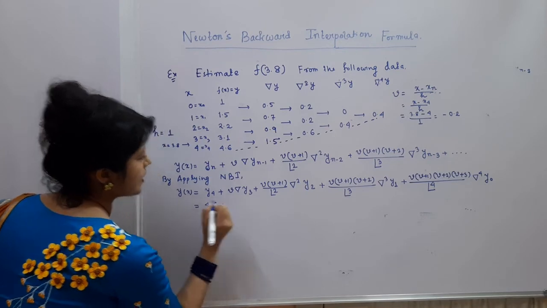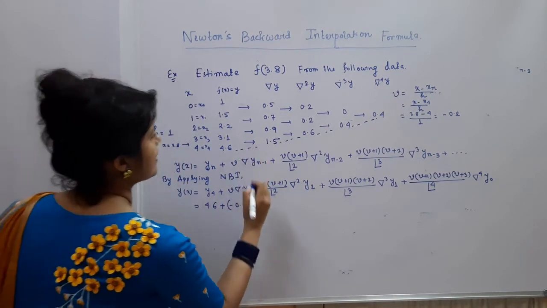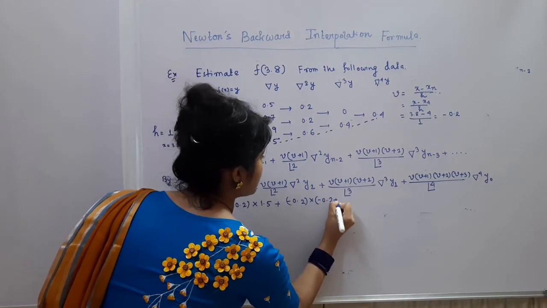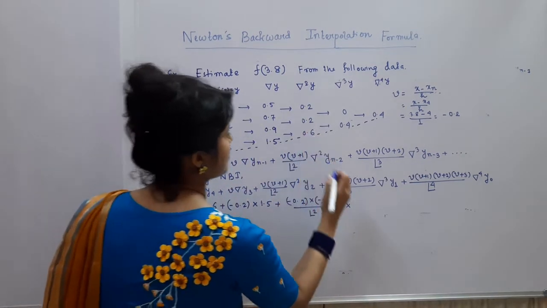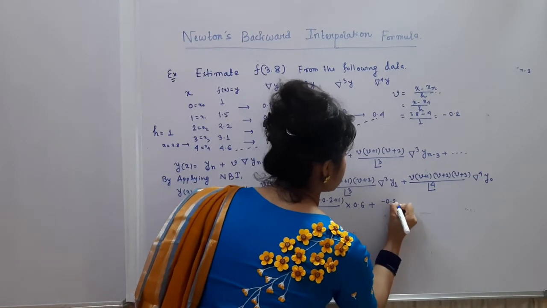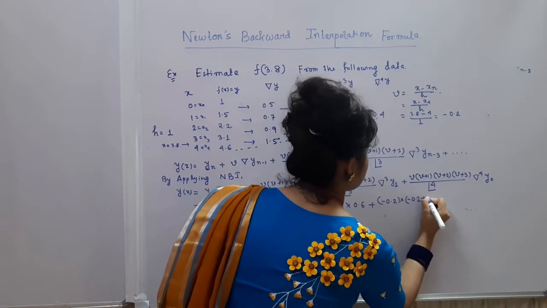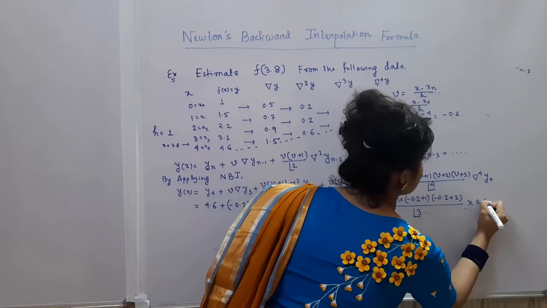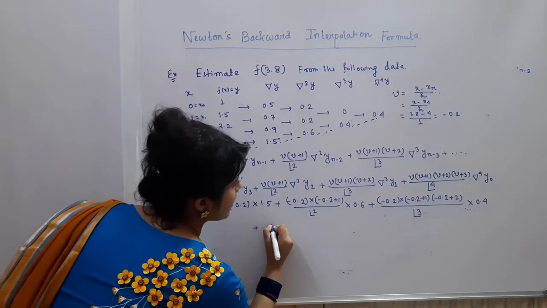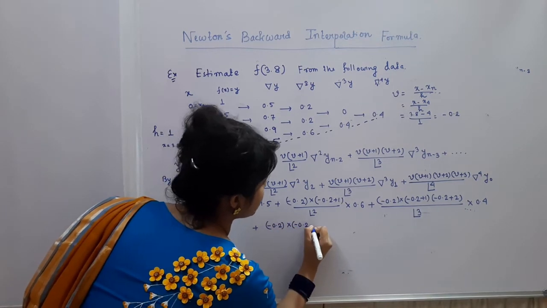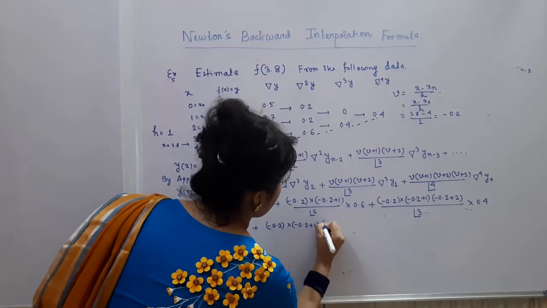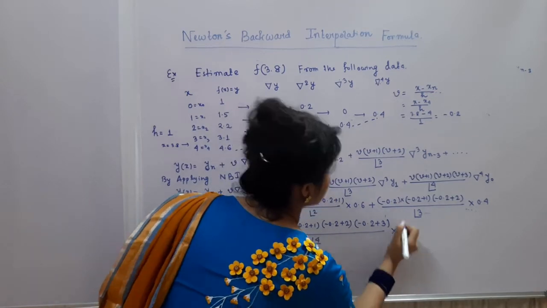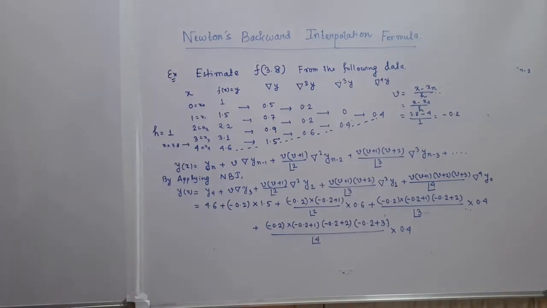So therefore for y4 this is 4.6 plus (minus 0.2) into delta y3, that is 1.5, plus (minus 0.2) into (minus 0.2 plus 1) by factorial 2, and delta square y2 is 0.6, plus (minus 0.2) into (minus 0.2 plus 1) into (minus 0.2 plus 2) by factorial 3, and this delta cube y1 is 0.4, plus (minus 0.2) into (minus 0.2 plus 1) into (minus 0.2 plus 2) into (minus 0.2 plus 3) by factorial 4 into the last value, that is 0.4. Okay.